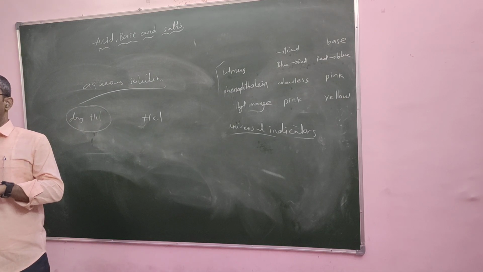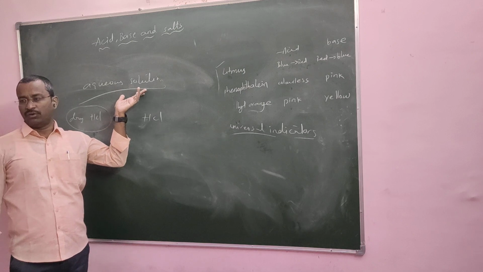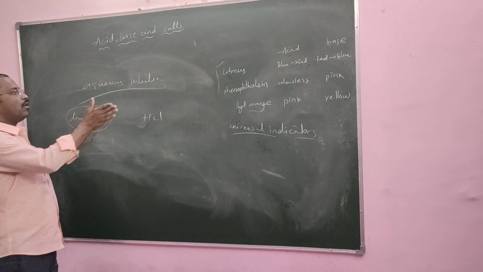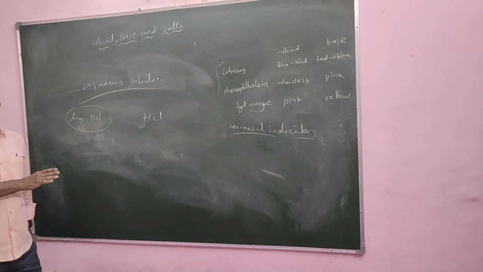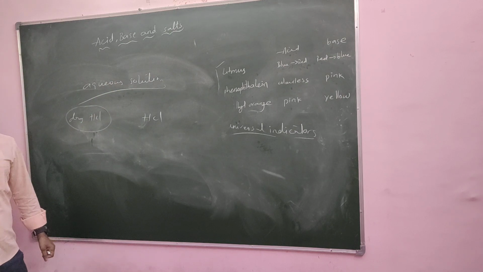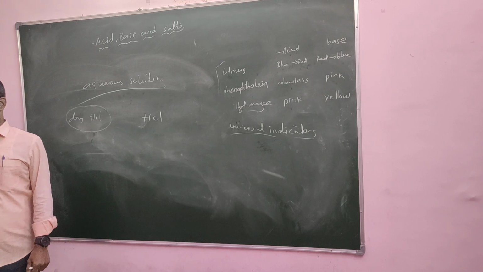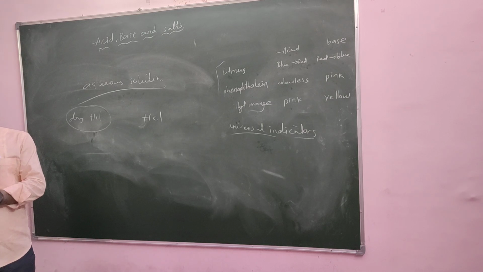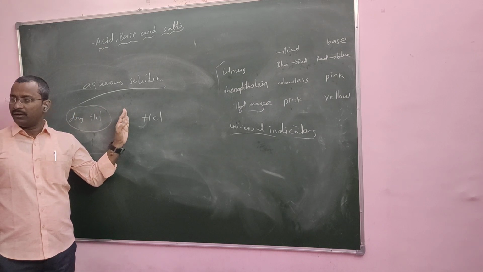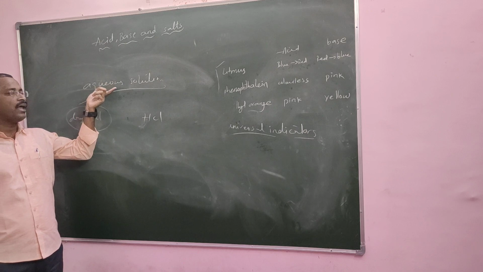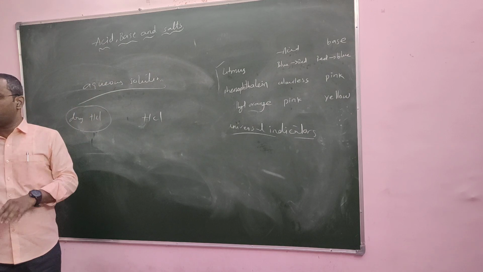A chemical substance combined with water is called an aqueous solution. If an acid or base is not an aqueous solution, it is dry, and you cannot find any test result. So to test or to have the properties of an acid or base, it must be an aqueous solution. That means it must be added with water.